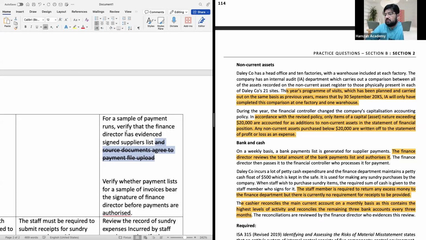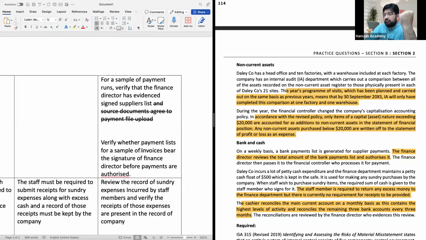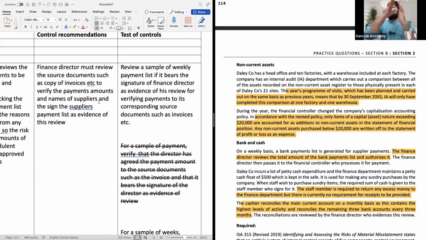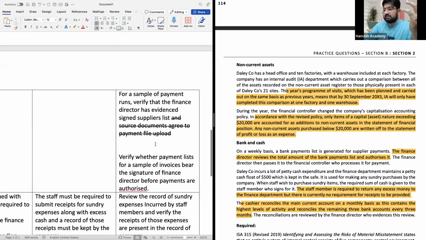He is not signing source document. Incorrect. You are not reading it correctly. There is a payment list, one document. It has names Mr. A, Mr. B, Mr. C, Mr. D. Payments are mentioned. It has to be verified from the relevant source document. This amount is correct. But you are writing something else. Invoices do not bear the signature. Payment list does.